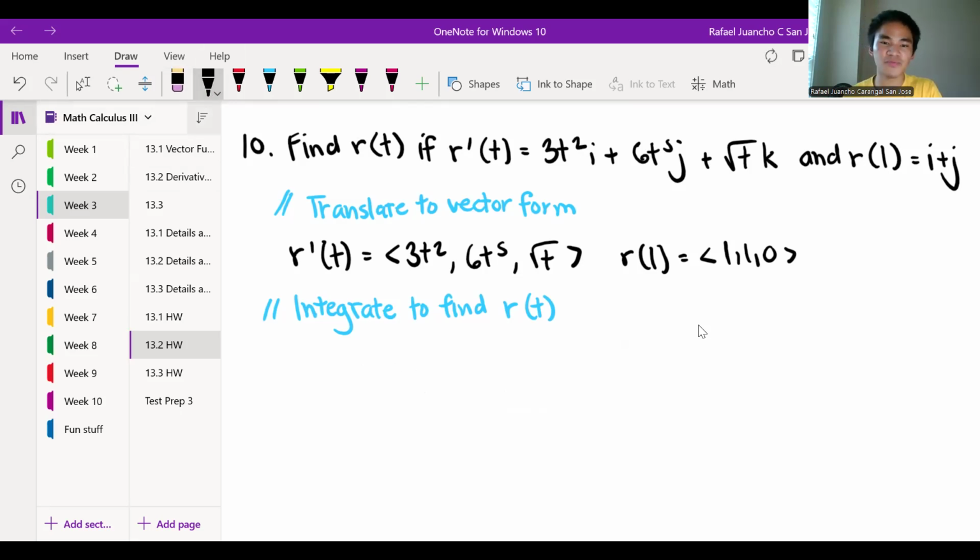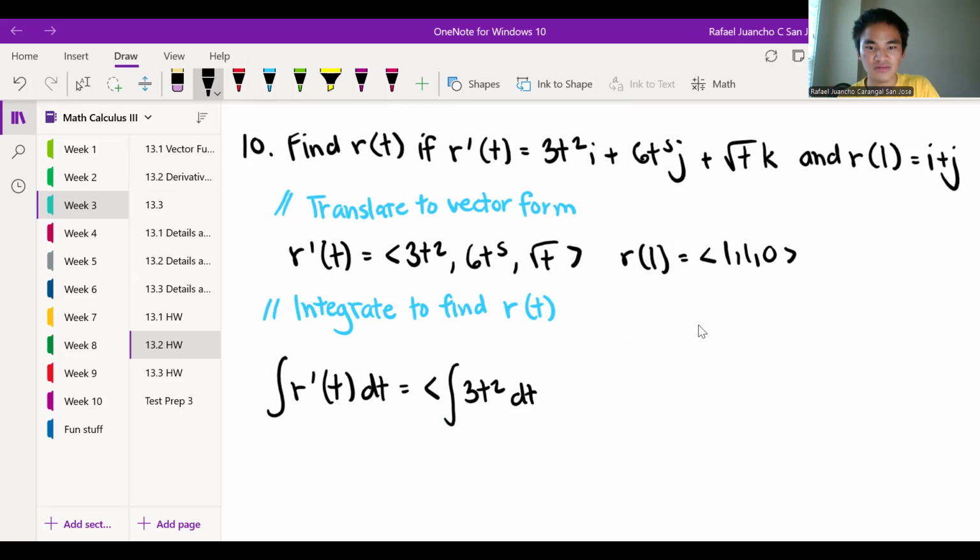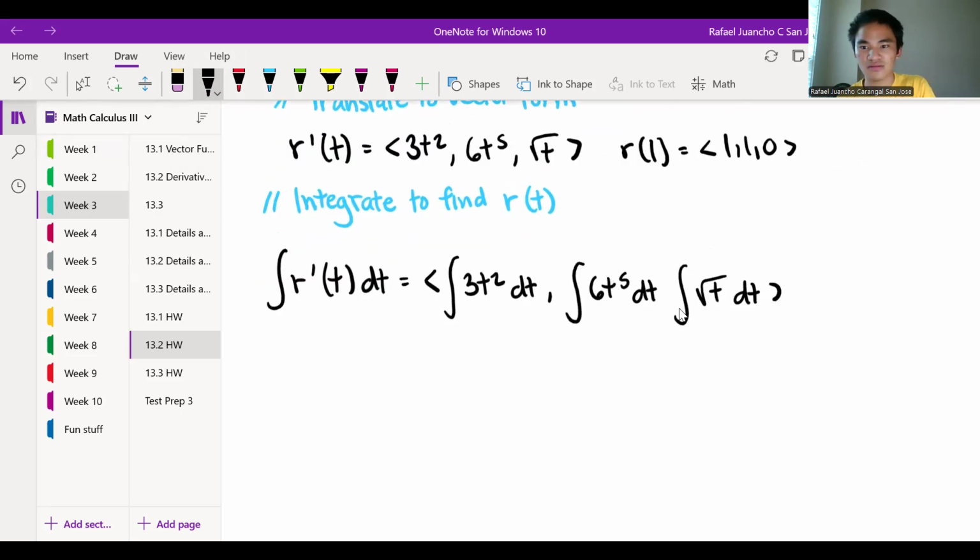So that's what we want to do. So let's integrate. If we integrate r prime of t dt, then we're also going to integrate its components. So we're integrating 3t squared, we're integrating 6t to the fifth, and we're also integrating square root of t. So let's quickly do that.